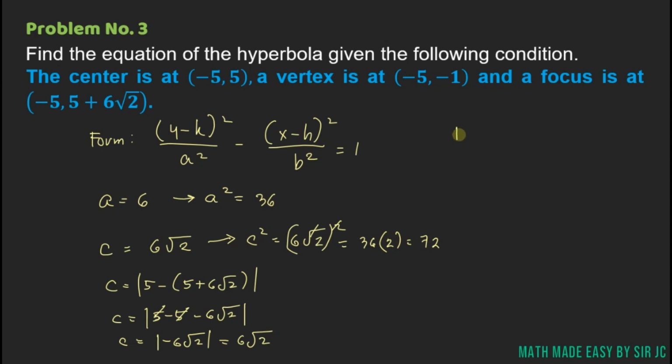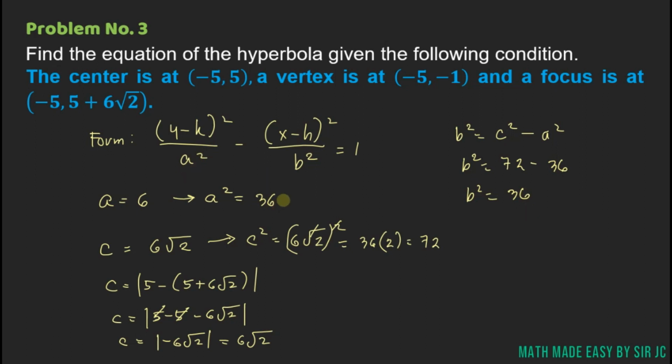We know that b squared is equal to c squared minus a squared. Substitution: b squared equals 72 minus 36. Therefore, b squared is also 36.